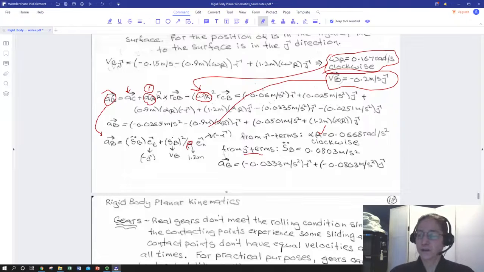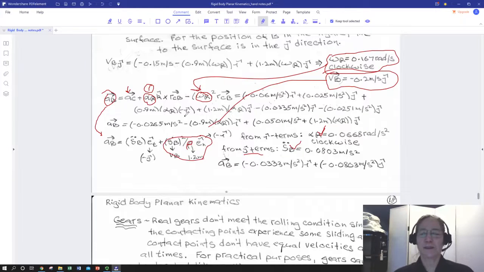So we do literally 3 equations and 3 unknowns effectively, and we solve for the components of the acceleration of B in both directions, and we also solve for the angular acceleration of our rod, and then we get answers for what we don't know. We really end up just having 2 unknowns, but we could have solved for this one. We have a second equation because we have this direction.